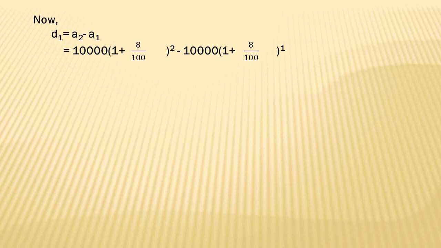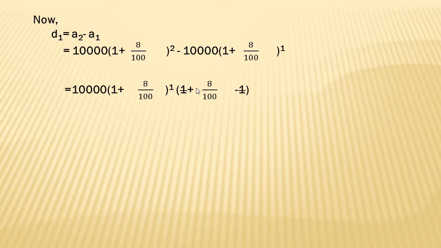So if you observe this very carefully, how can you subtract this? It's very simple, because 10,000 into 1 plus 8 by 100 to the power 1 is common in both the terms. So you can take it as common. Once you take 10,000 into 1 plus 8 by 100 to the power 1 common, what you are left with, you can just write in the other bracket. So here you are left with 1 plus 8 by 100, because only once you have taken it out. 10,000 you have taken out common. 1 plus 8 by 100, only once you have taken it out.